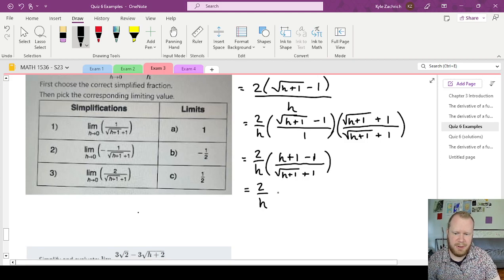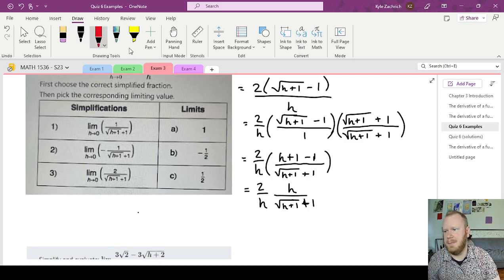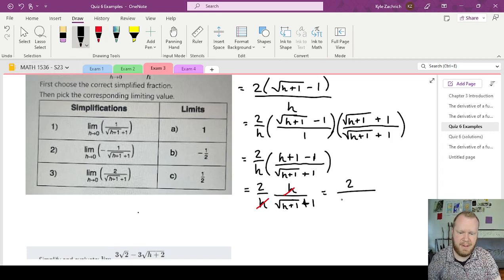2 over h times, this is h, this is square root of h plus 1 plus 1. And now we get to cancel out these h's. So we get 2 divided by square root of h plus 1 plus 1.